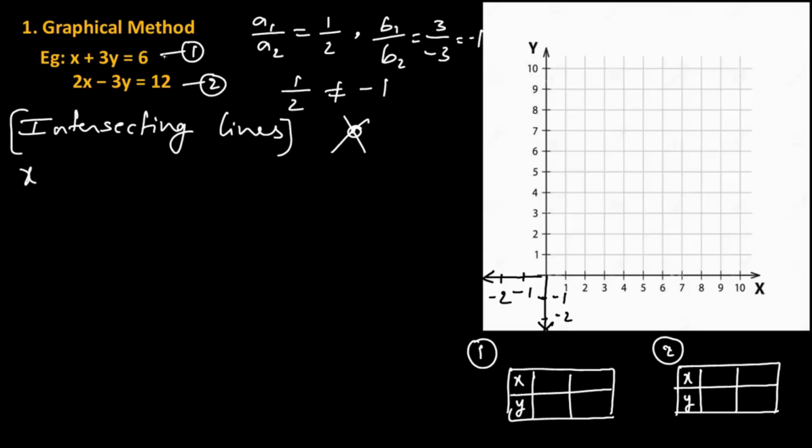Here I am taking x is equal to 0. Substitute in the first equation. We are doing it in the first equation. So x plus 3y is equal to 6. What is the x value here?